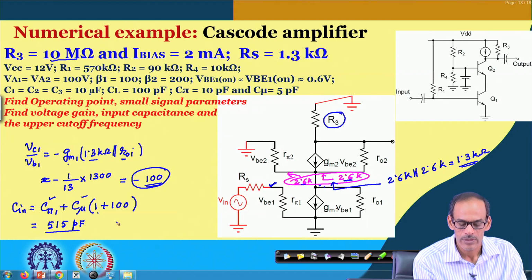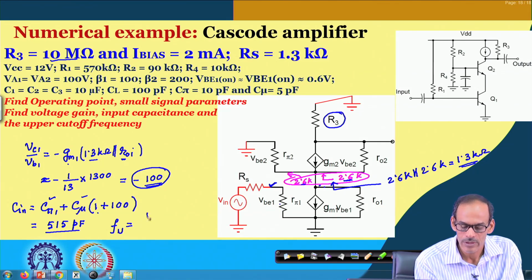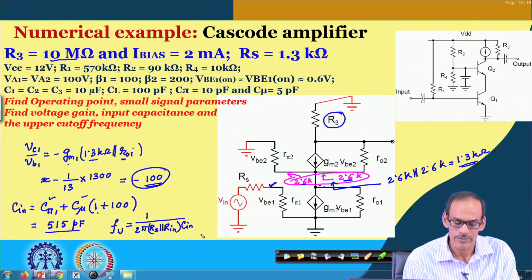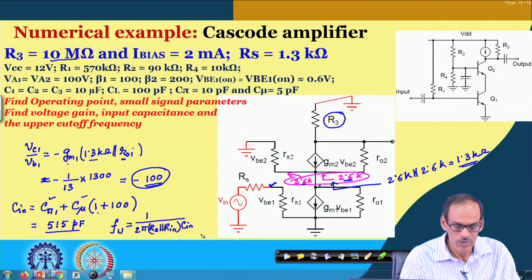As a result, the upper cutoff frequency defined by Rs and Rin is 1 by 2 pi times Rs in parallel with Rin multiplied by C in, and it becomes quite significant. So, I do have the calculation for you.